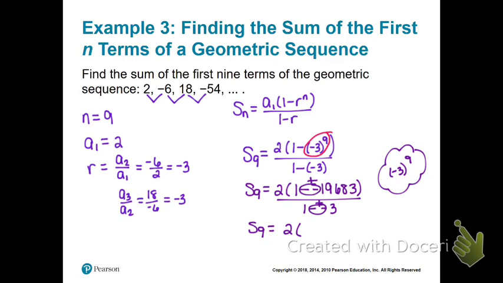So we got 2 times, what's that, 19,684 divided by 4. And so let's see what our sum of our first 9 terms is going to be.